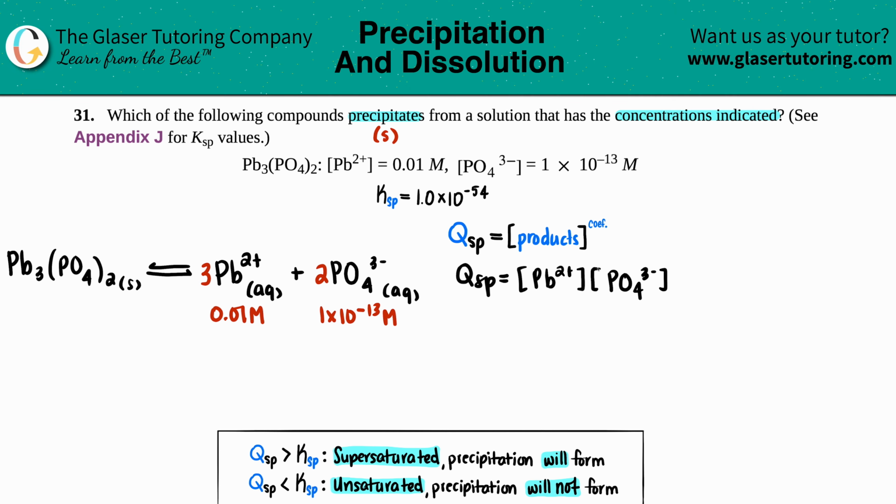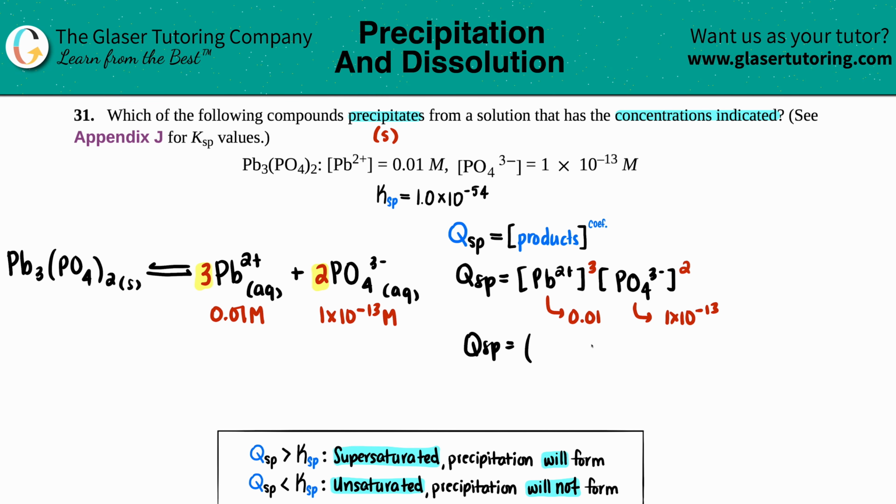I'm just going to bring this out a little bit because I see that I have a 3 in front of the lead, so I have to take that lead value and raise it to the third. And then I see that I have a 2 in front of the phosphate, so I take the phosphate and I square it. So now the lead number was 0.01 and the phosphate number was 1 times 10 to the negative 13th. Let's plug it in.